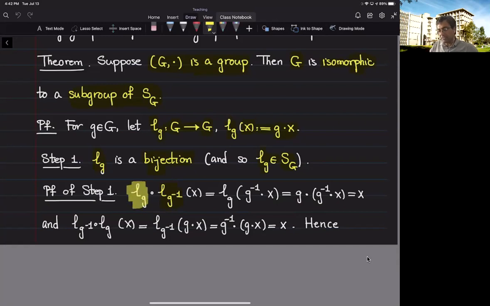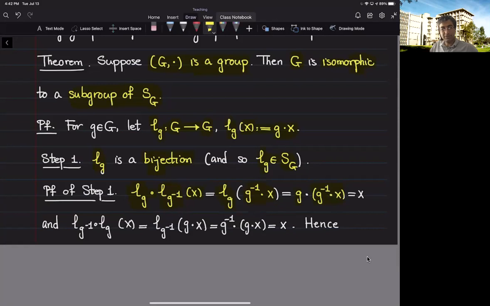So let's see what is the composite of left multiplication by g inverse and then left multiplication by g. I feed it an element of the group, x. The first one says I need to multiply x from left by g inverse. The next one tells me that I need to multiply this product by g from left.